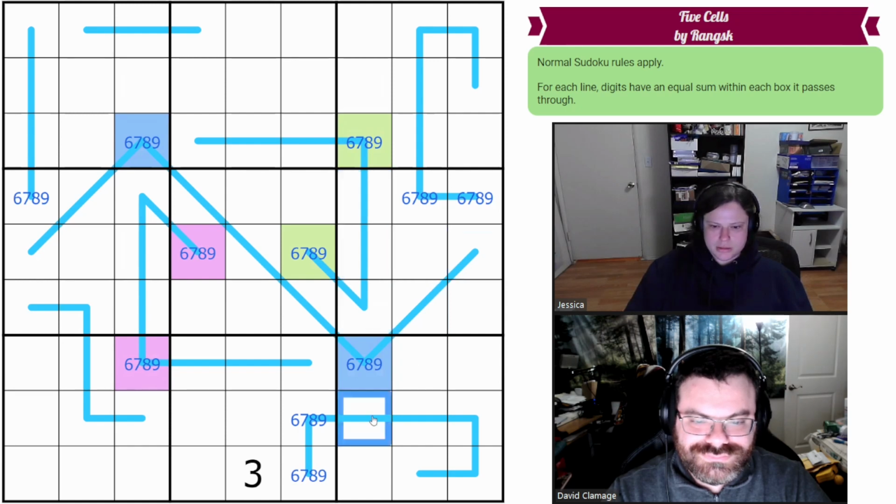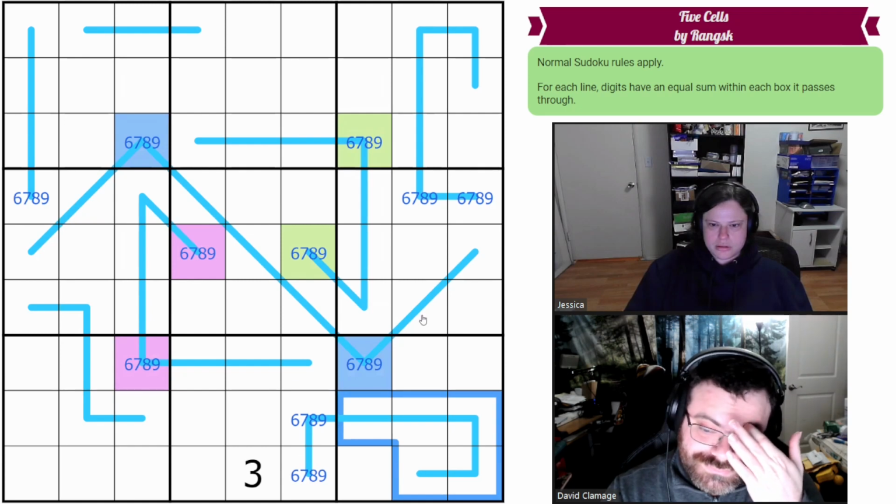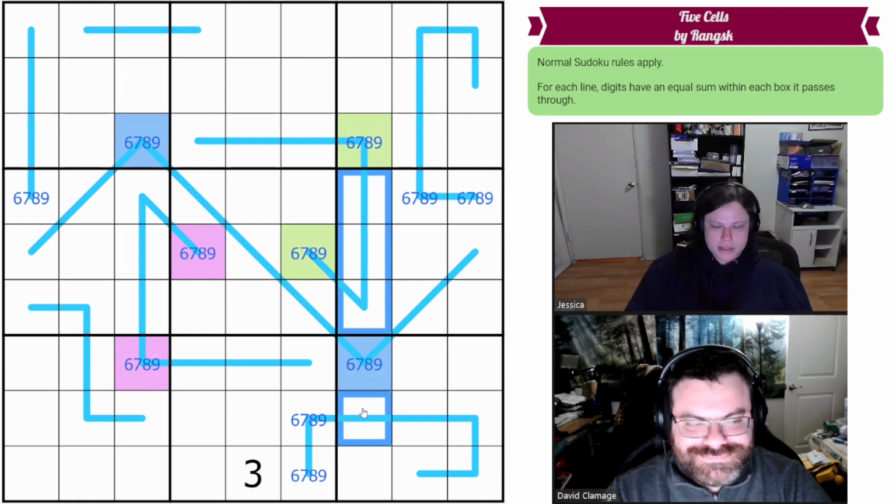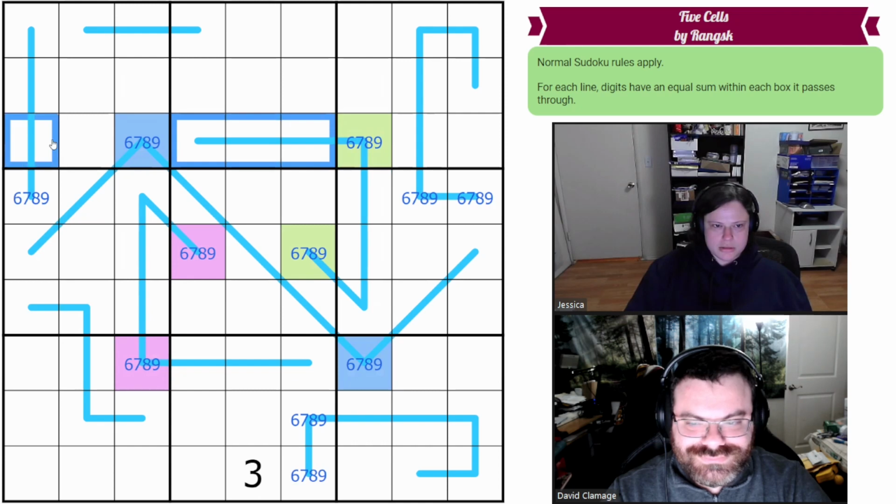What do I do with that? 2 and 3. Those. Well, no, I had a thought that meant absolutely nothing. I feel like the fact that they're looking at each other matters.